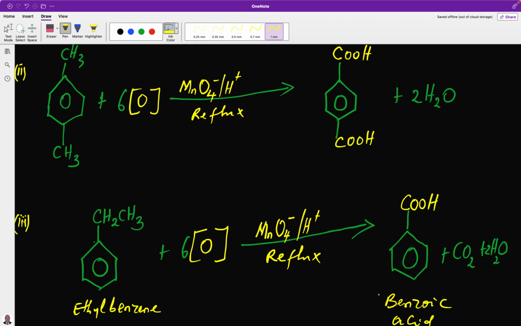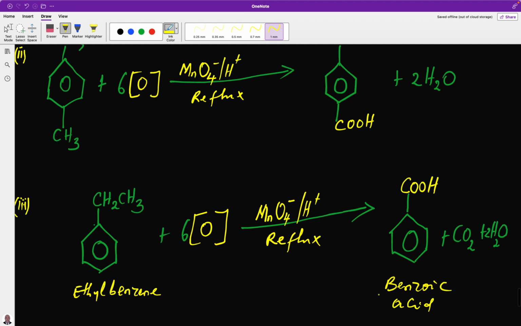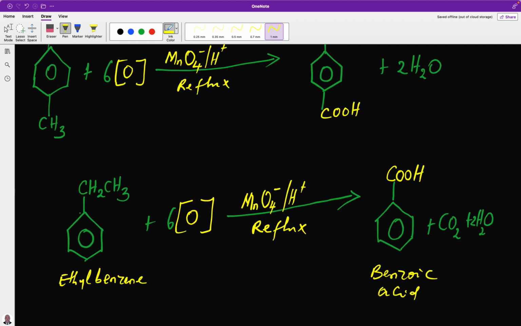Ethylbenzene under the same reaction condition, that is acidified potassium manganate 7 ion. We reflux it, and you see what is happening here. Only an acid is produced.